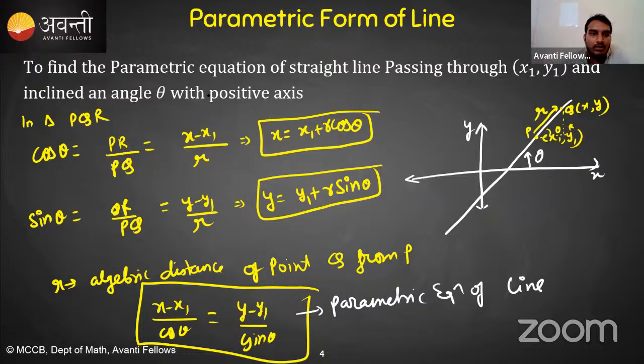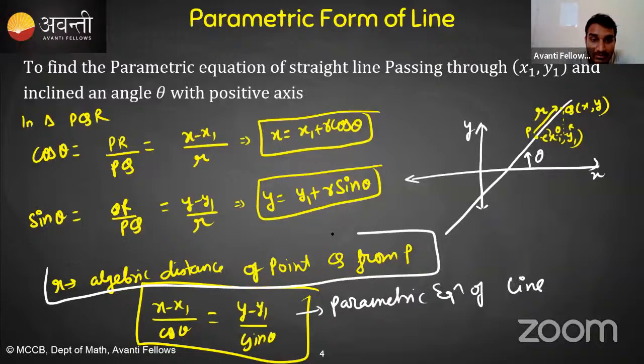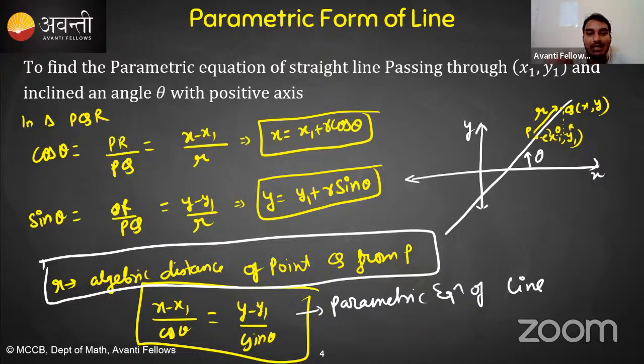Whenever during this solution, that's why I have written here algebraic distance, not the distance. Algebraic distance means here r can be negative. If r is negative, it simply means the required point is below the given point. If r is positive, it means the required point is above the given point.